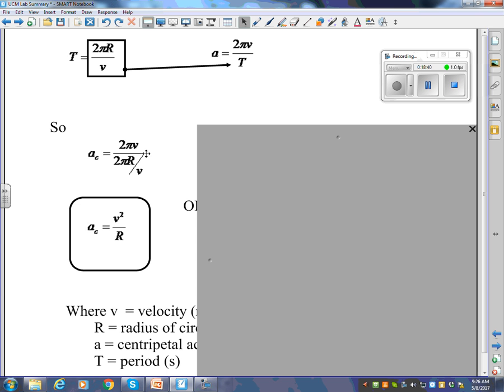And what do you get? The 2's cancel, the pi's cancel, and you end up with V over R over V, and the V can go up top, and you end up with AC is equal to V squared over R. Well, that doesn't sound so bad. Centripetal acceleration is equal to V squared over R.